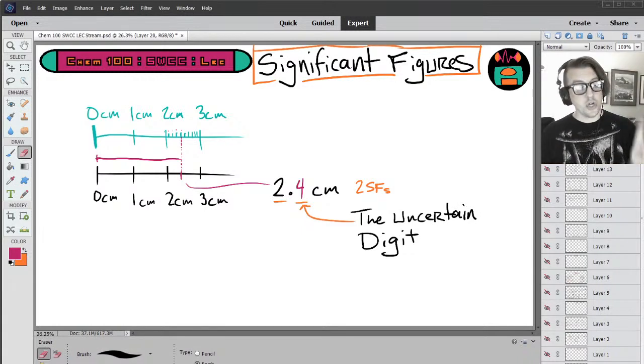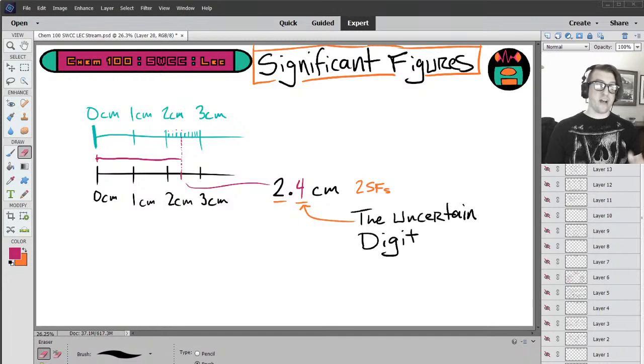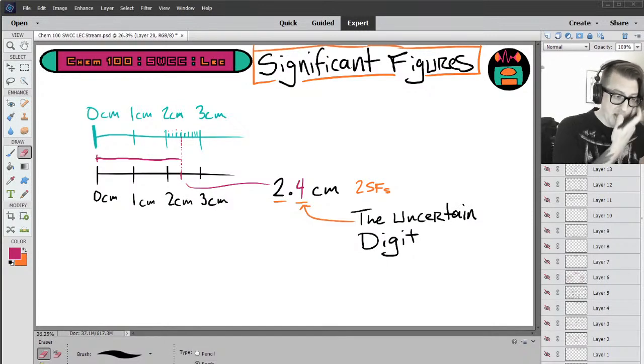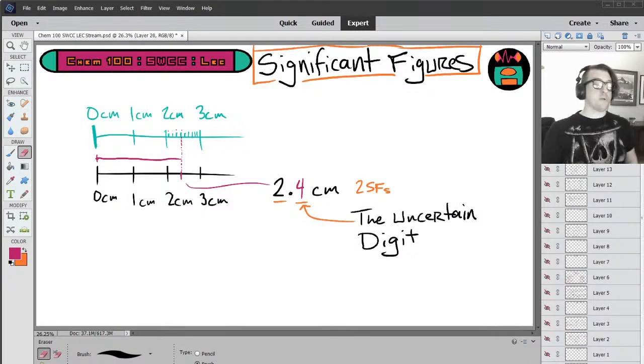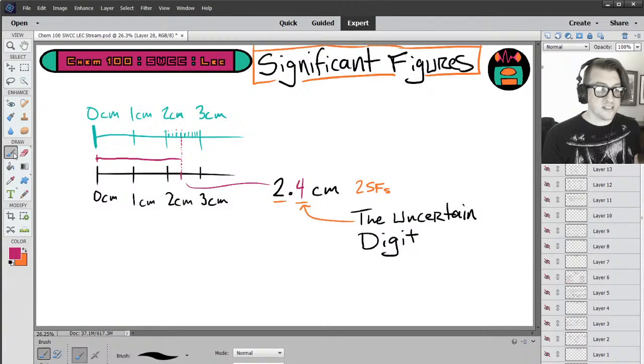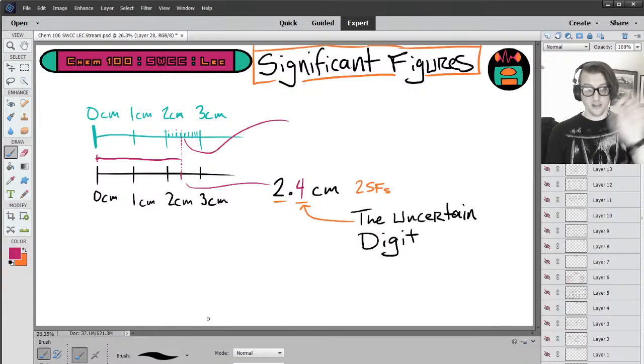For the first ruler, 2.3, 2.4, 2.5 are all correct because that last digit is uncertain. All right? Let's write down what the measurement would be. Yep, that would receive full credit. Absolutely. It absolutely would.